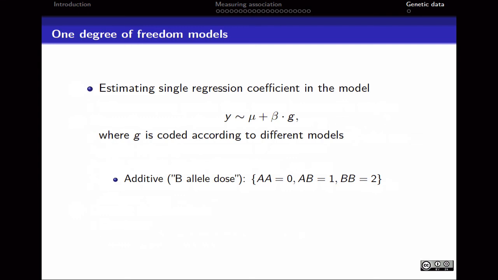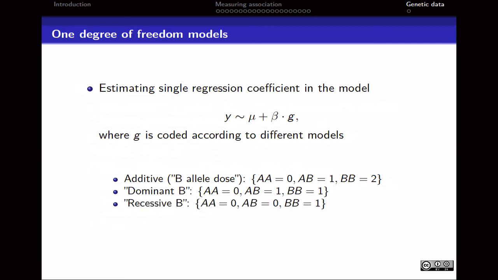In AB the dose of B is 1, and in BB the dose of B is 2. Then you could assume the dominant B model. Then you say that it doesn't really matter whether B is in heterozygote or homozygote, the effect is the same. And then you would code AA with 0 and AB and BB with 1.